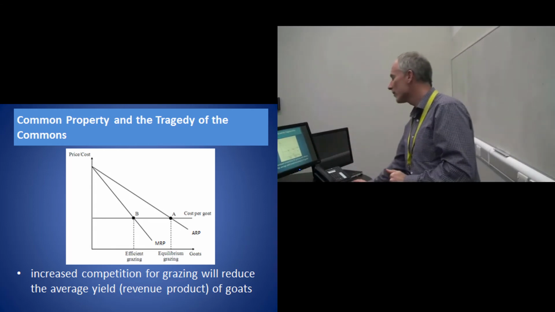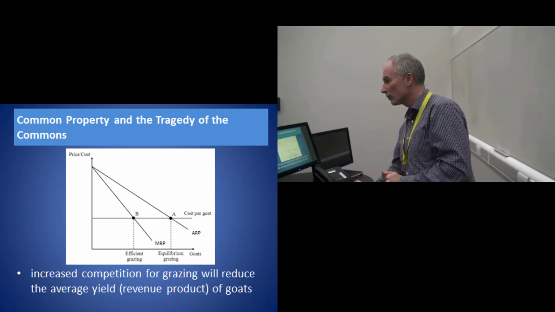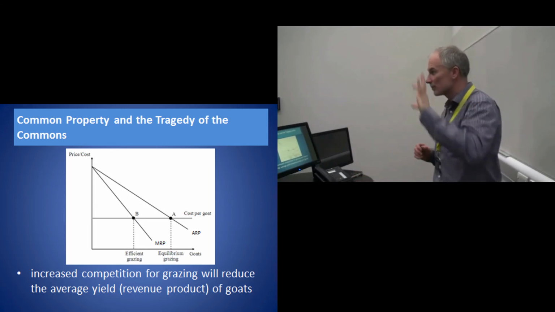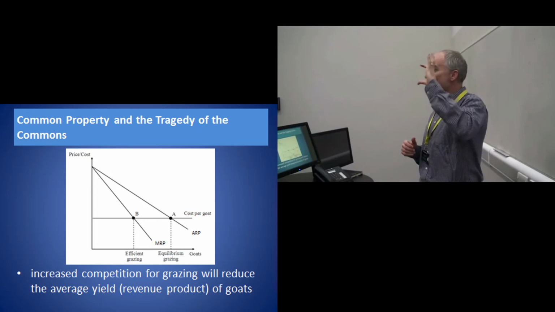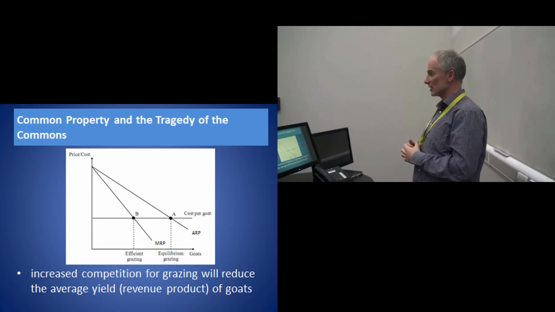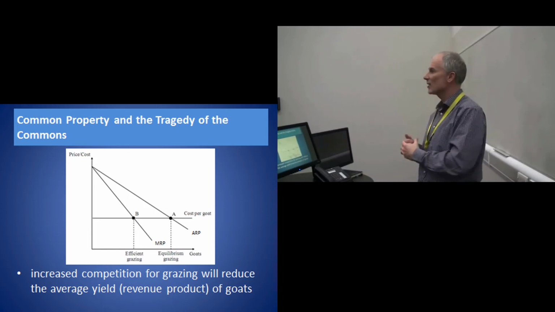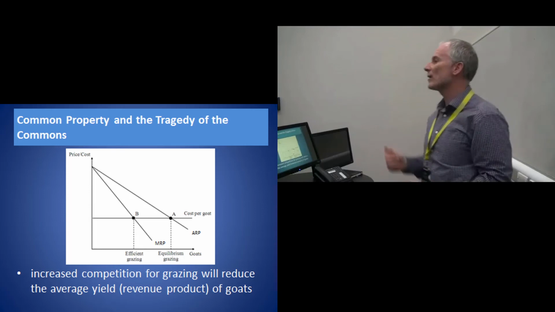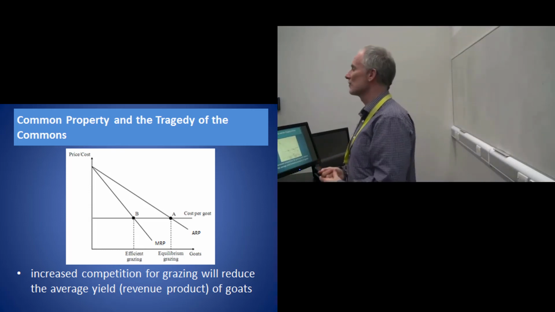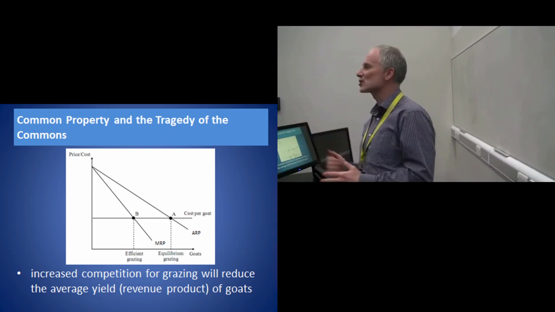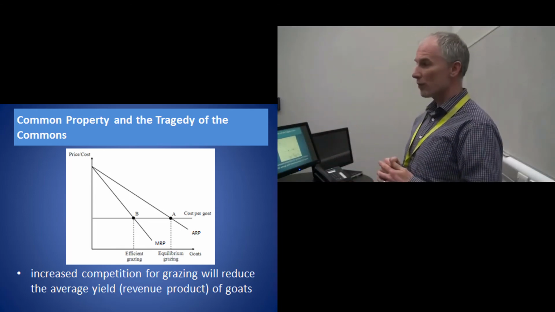The only way the average will fall is if the next unit, the next goat, adds less than the preceding unit, the preceding goat. Classic batting average effect. Let's think about when you go to see your tutors in January, February to get your exam marks back, and I've probably used this example with you before.